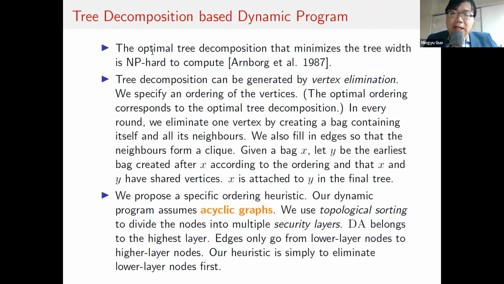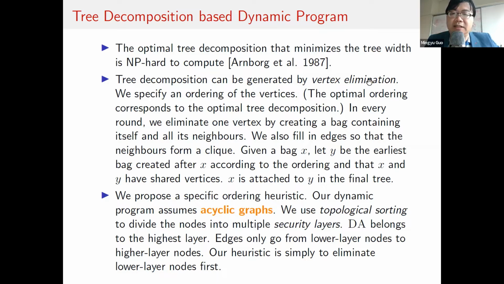The optimal tree decomposition that minimizes the tree width, that is, minimizes the maximum bag size, is actually NP-hard to compute. So that problem in itself is difficult. There are known heuristics. One heuristic is called vertex elimination.